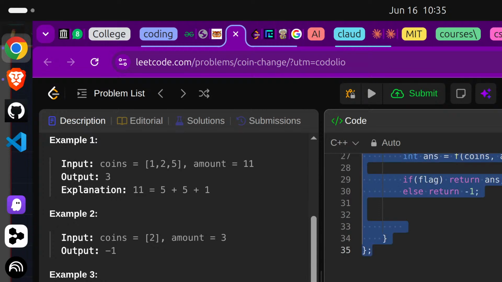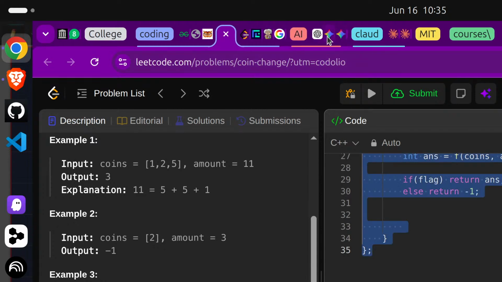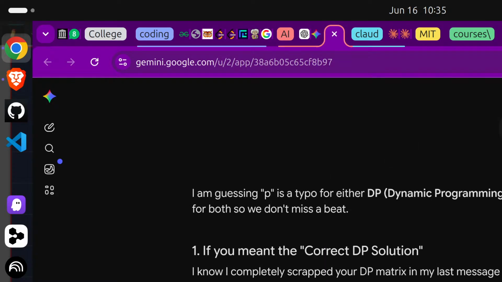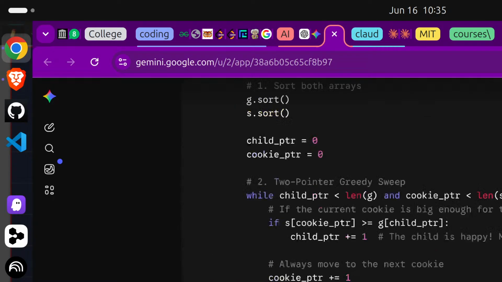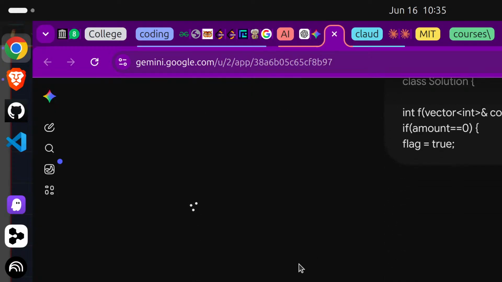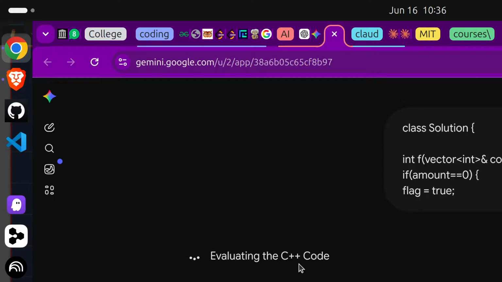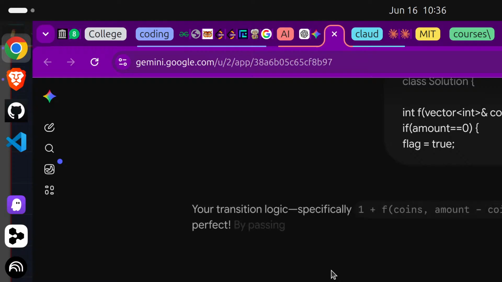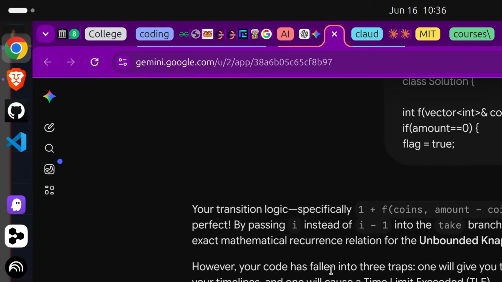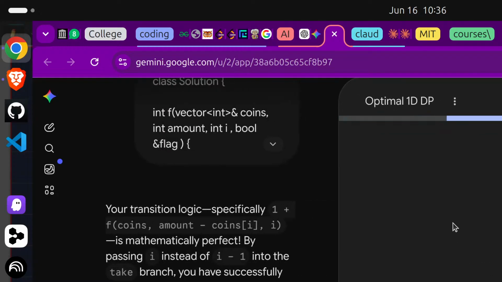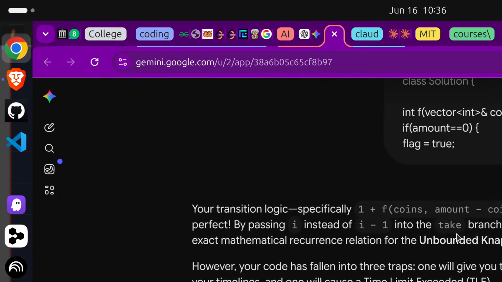So let's check what is below this. Check. I am not asking for the solution.